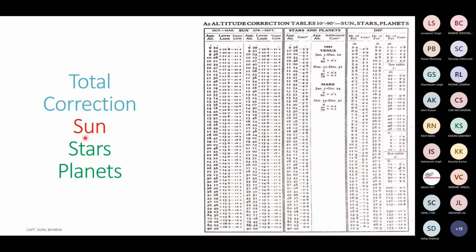Let's first find out the total correction for the sun. You can see it given on the left hand side in the first table, the table which is highlighted. The table is entered with apparent altitude as well as the limb of the sun.